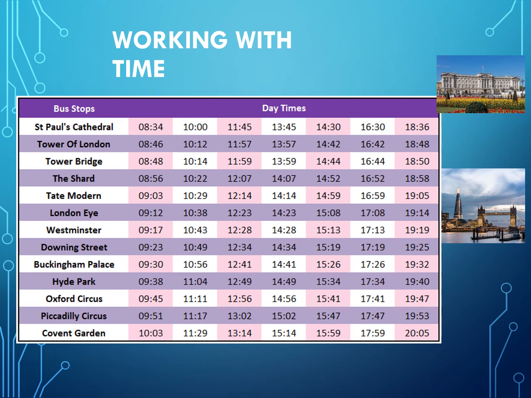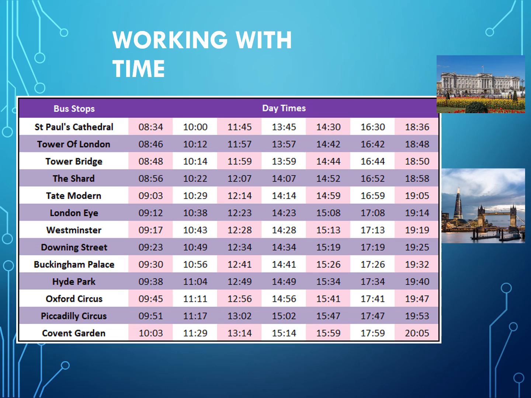Bear in mind, most of you are taking buses into college, some of you probably even using trains, and when you do so, you will come across timetables of buses and destinations in this manner that is on the PowerPoint in front of you. So if somebody was wanting to get onto a bus from St. Paul's Cathedral at 8:34, and then they wanted to go all the way to Hyde Park, bear in mind we are going downwards.